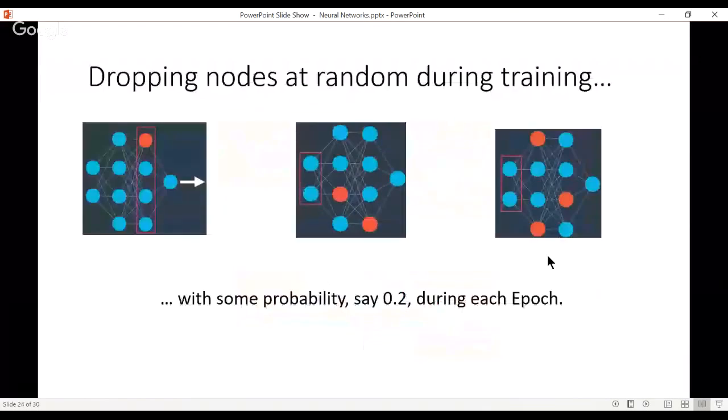So how do we do this? During each epoch, you drop some of the nodes with some probability. Let's say we use 0.2 as the probability in your dropout function. Suppose you have 100 nodes, it will train only 80 nodes at a time, and it will drop 20 nodes from the training.